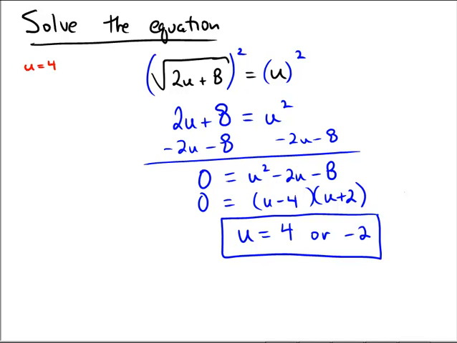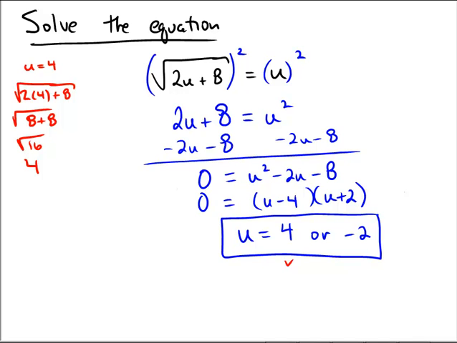If we let u equal 4, the equation would say radical 2 times 4 plus 8, which would be radical 8 plus 8, which would be radical 16, and that's 4, which is indeed equal to 4. So 4 works.